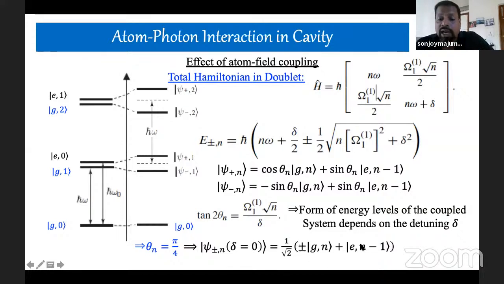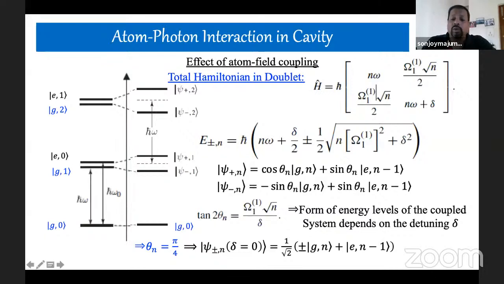Now, in this form, what you realize is that if you want to separate the atomic part from this state, you will not be able to. Suppose I want to measure the electronic state: either I get the ground state or the excited state. Once I get the ground state, the system will collapse to the nth photonic state.